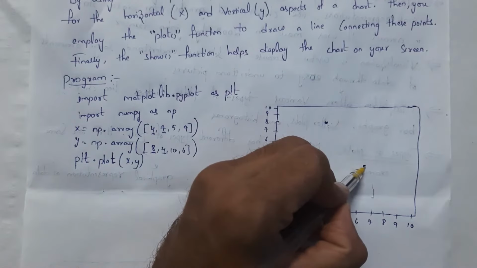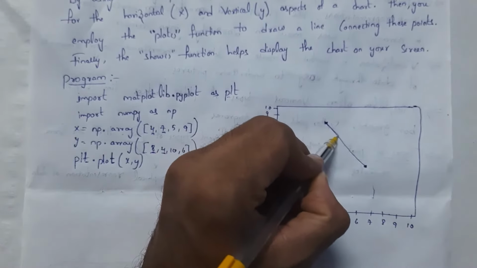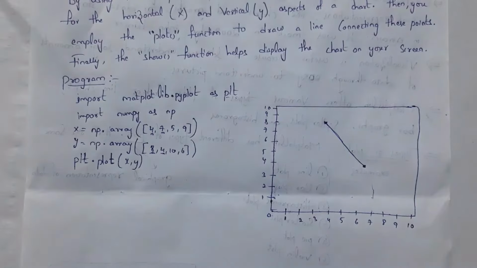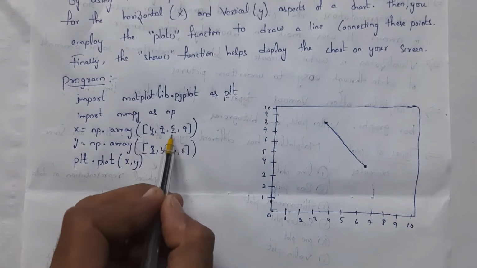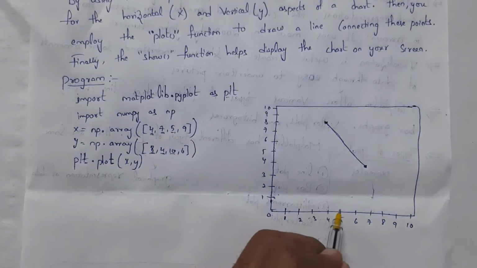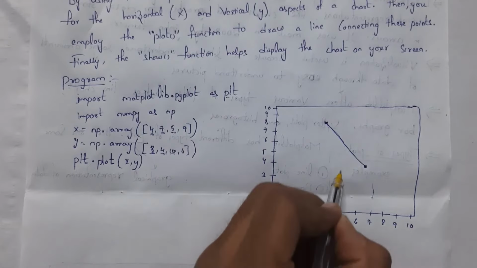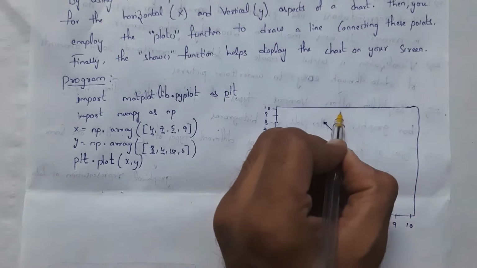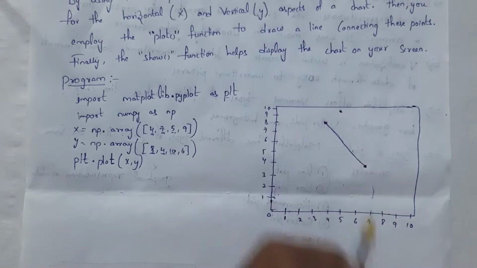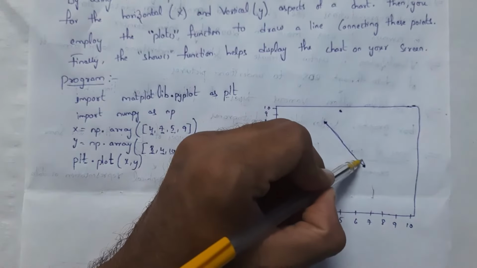And it will form a line. And similarly the next two values 5 and 10. X axis is 5, and y axis is 10. And it will form a line.